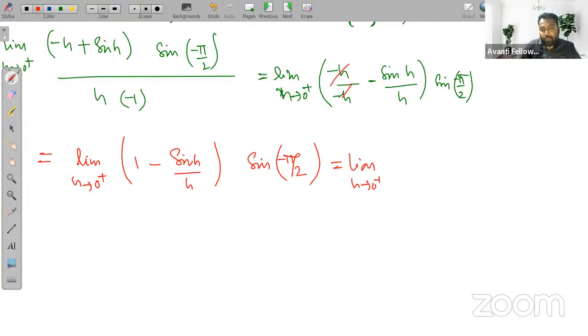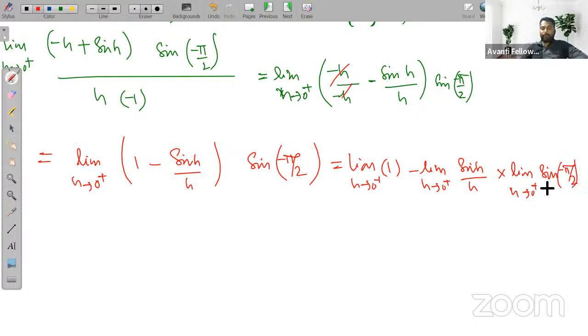Limit h tending to 0 plus 1 minus limit h tending to 0 plus sin h upon h into limit h tending to 0 plus of sin of -π/2. We can write it like this.